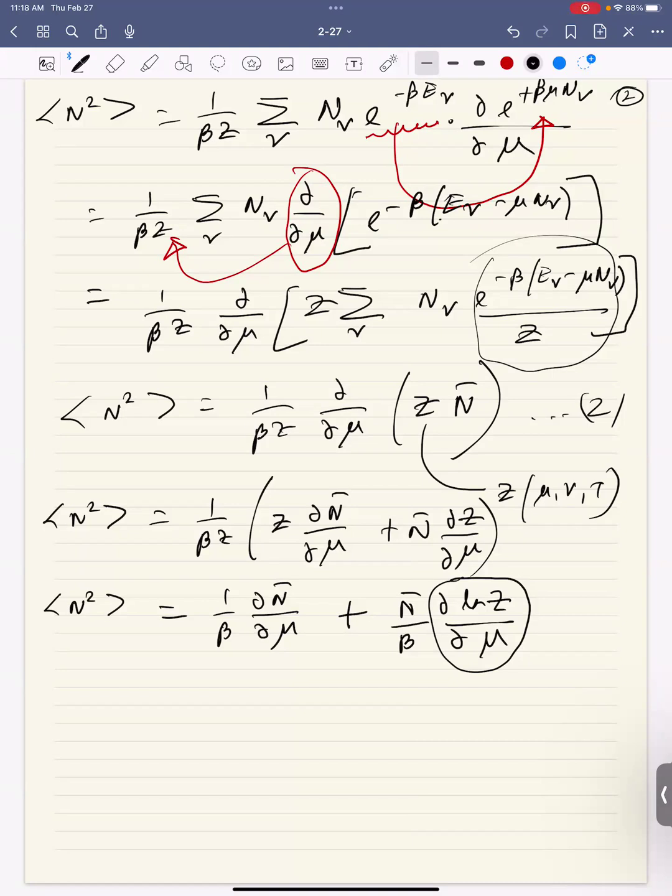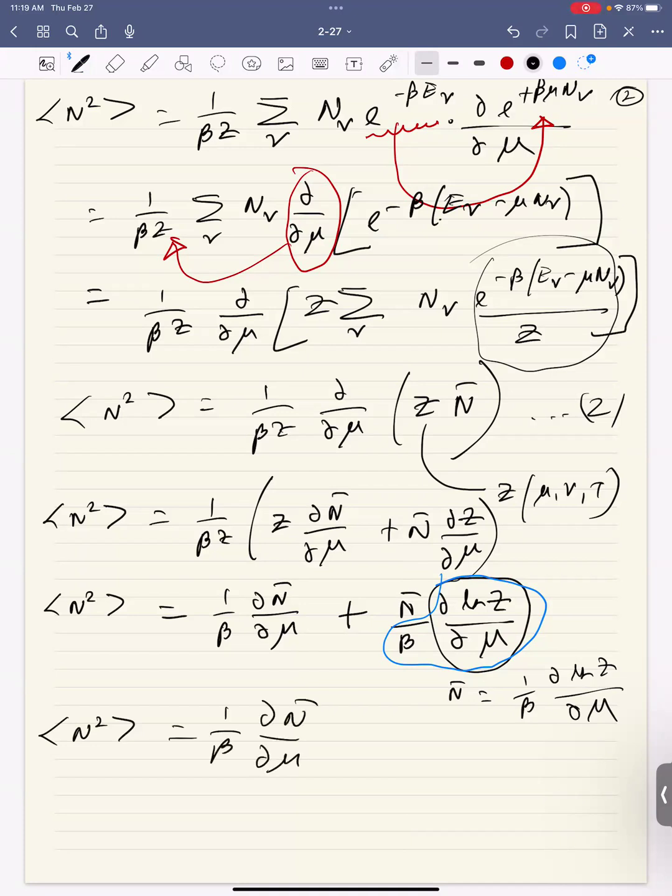We've seen that N bar is equal to 1 over beta partial ln z by partial mu. So actually, this thing is n bar, right? So what do we get? We get n bar square. That's interesting. We are getting somewhere. This thing is now equal to 1 over beta partial n bar by partial mu plus n bar whole square.